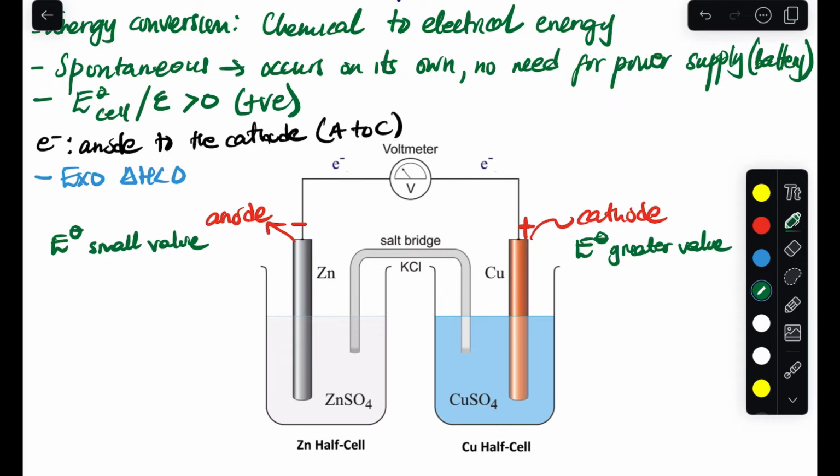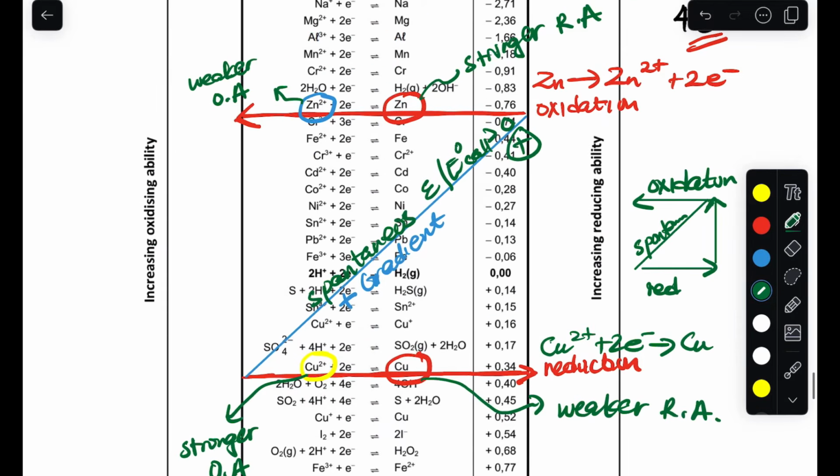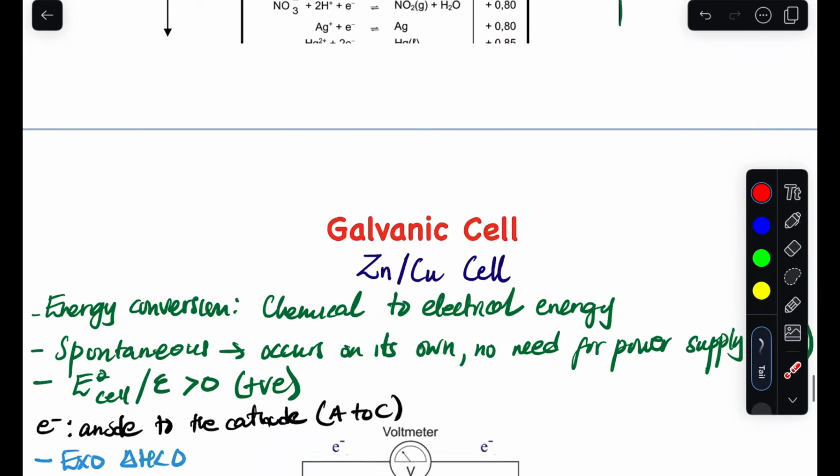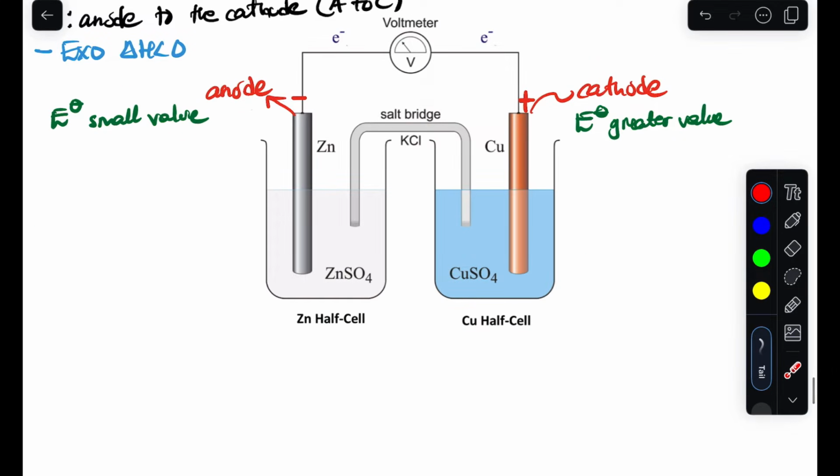Let's double check that. Look at the value of the one that oxidizes. It's negative 0.76, and the copper is 0.34. This one is smaller. In oxidation, it's always going to be a smaller value, and the reduction is going to be a bigger value, right?